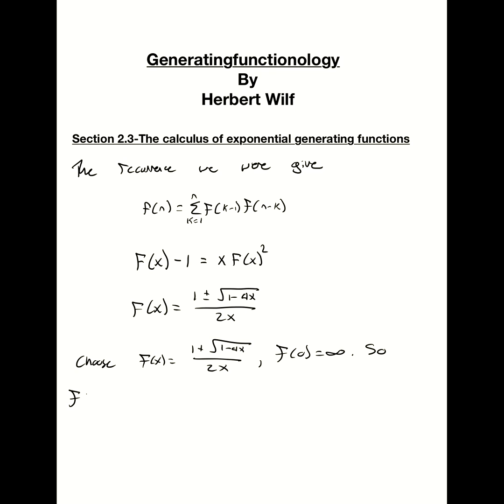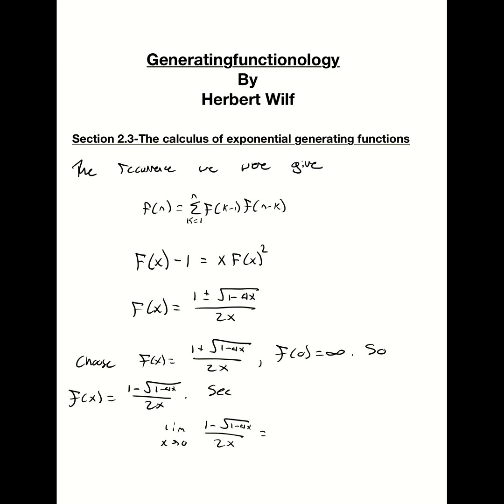So f of x is actually going to be equal to this, because now when we take the limit as x goes to 0 of 1 minus the square root of 1 minus 4x over 2x, once you use L'Hopital's rule, it's very straightforward.